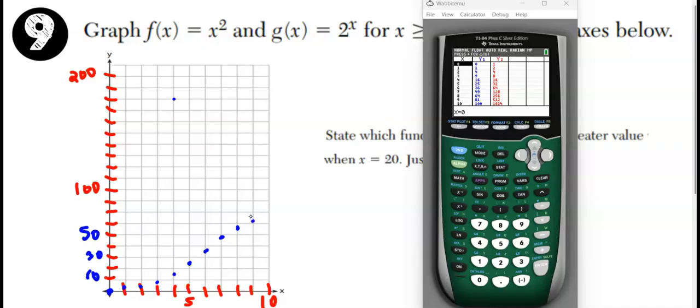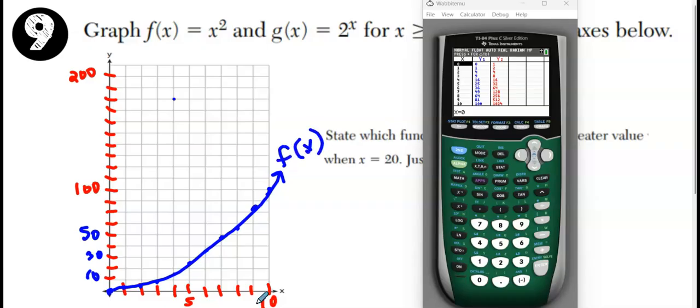And then, oops, that's not right. 81, and then 10 is about, whoa, 10 is about 100. Okay, here we go. And now the second one, y2, I'll graph that, oh, let me graph this one here and label it f of x.